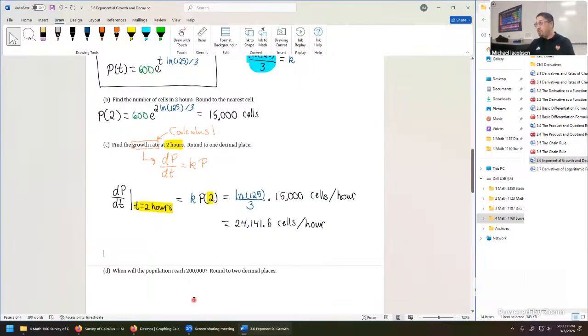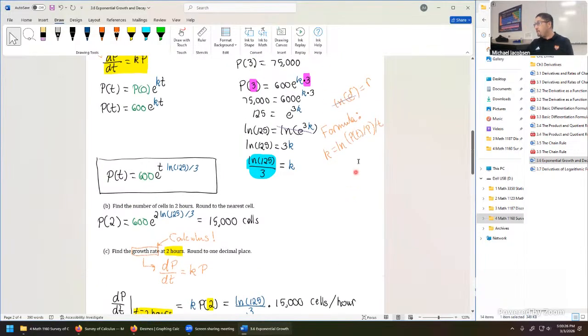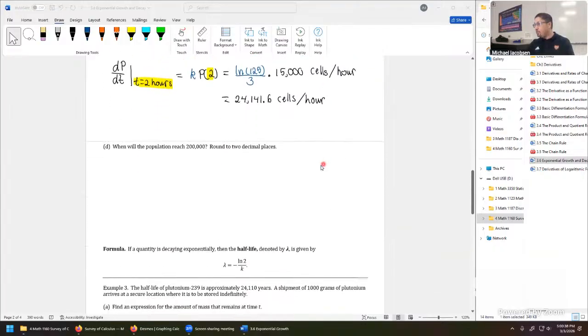Part D is another question much like part B, except the unknown this time is the variable t for time. And like Haley mentioned, you can do this a couple ways. You can work this variable here if you like. Just swap the k value and the t value in this expression to try out that formula. I'll do it from scratch since that's the way I'm most used to trying to do it.